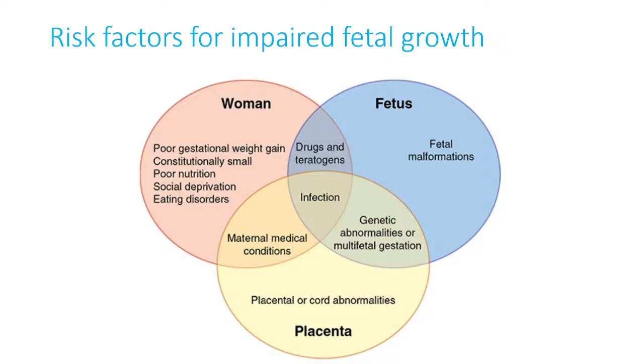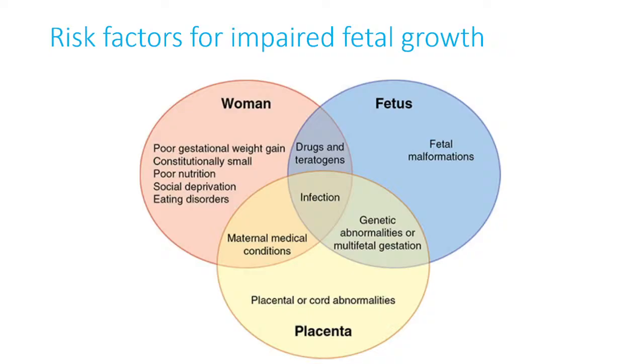So, in placenta what happens? Placental abnormalities like succenturiate lobe or circumvallate placenta, many types of placenta, or if there is any chorioangioma, all these things are placental causes of FGR. The combined ones are maternal medical conditions like hypertension, which are common to the woman and the placenta.